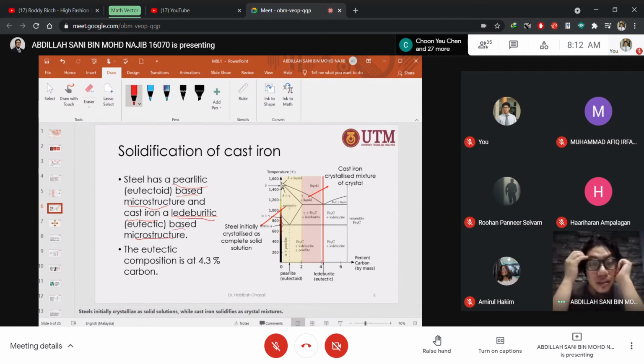So this pearlitic came from this eutectoid point. But this ledeburitic came from this point, which is eutectic.